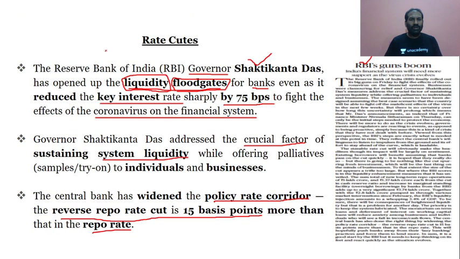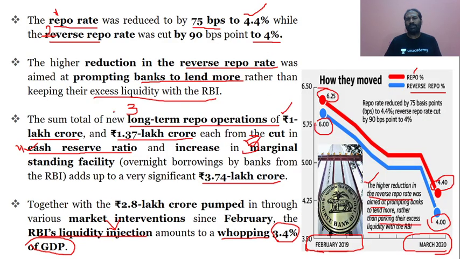So we have looked at the rate cuts, the different measures the RBI has come up with, just opening the floodgates of liquidity. And then we have looked at the different ways the RBI has pumped money in. I'm just recapping once for the benefit of the viewers.